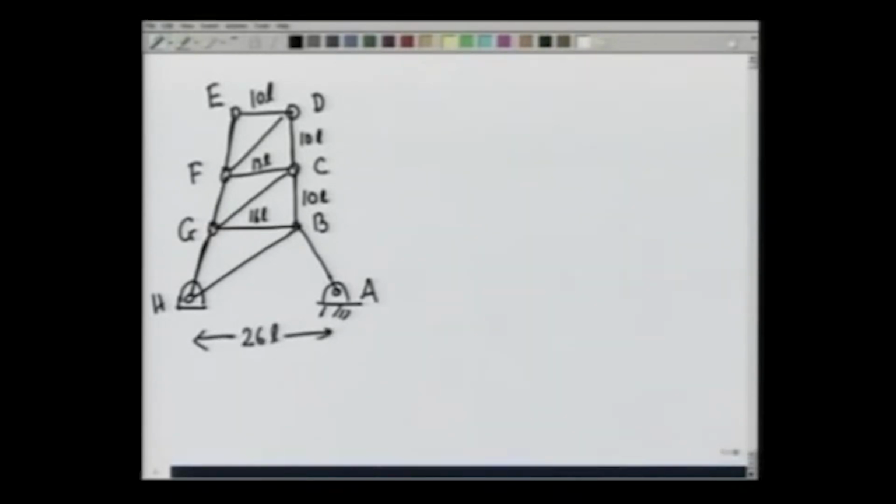The truss is loaded at points C and D by 2000 newtons each, and we want to calculate the forces on different members.